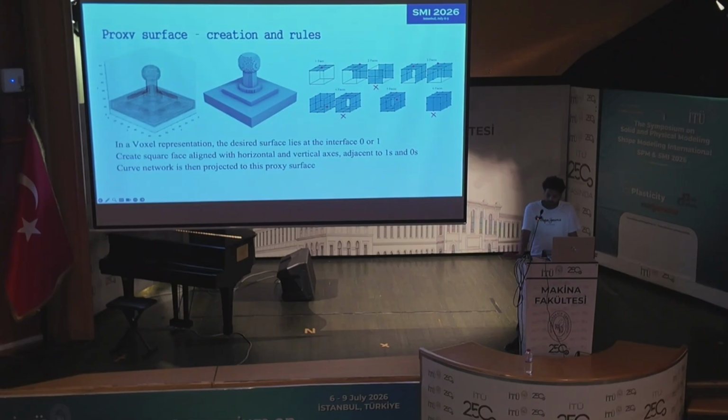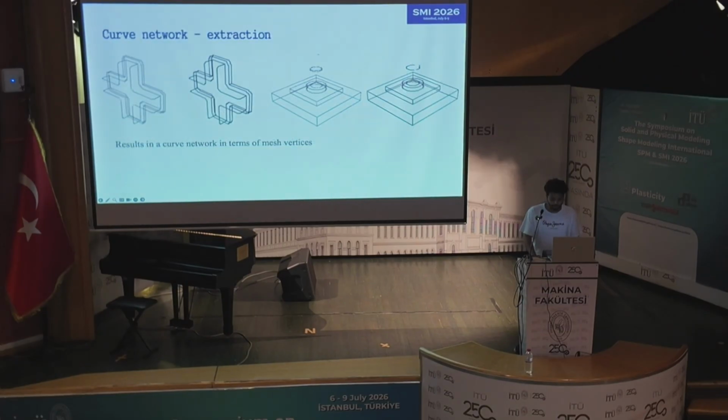We create square faces adjacent to zeros and ones, aligning to the horizontal and vertical axis. And then we project the curve network extracted from the previous step onto this proxy surface by following a set of rules. This results in a curve network in terms of mesh vertices.